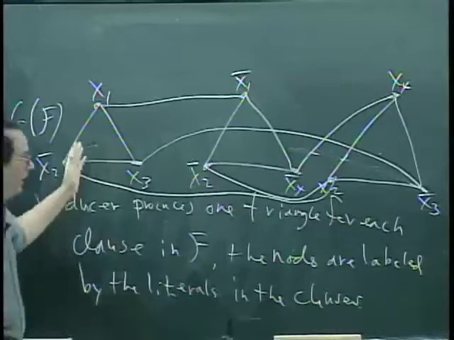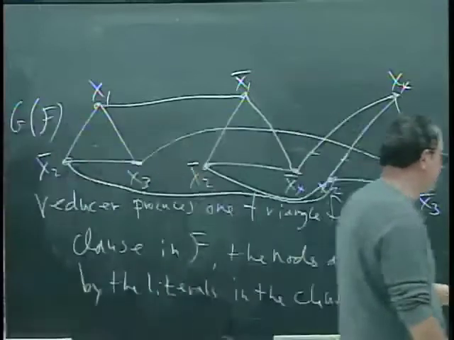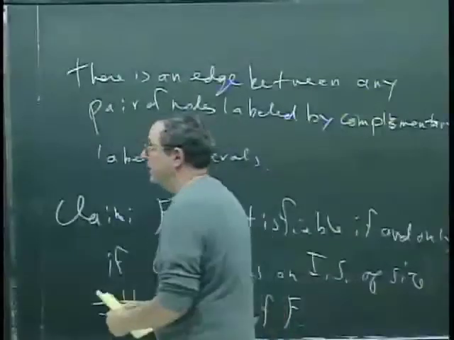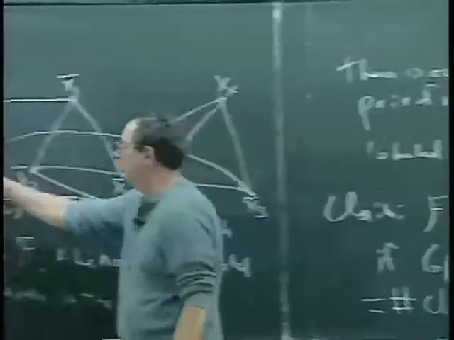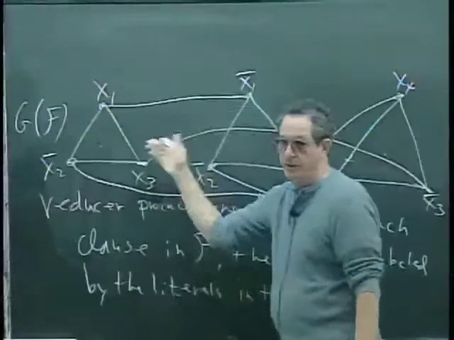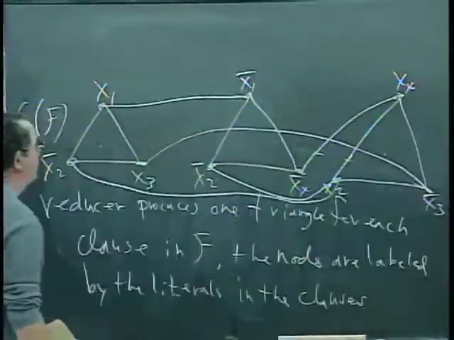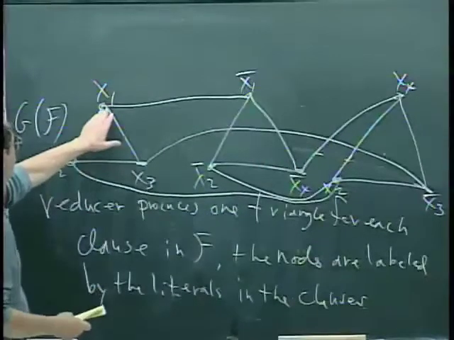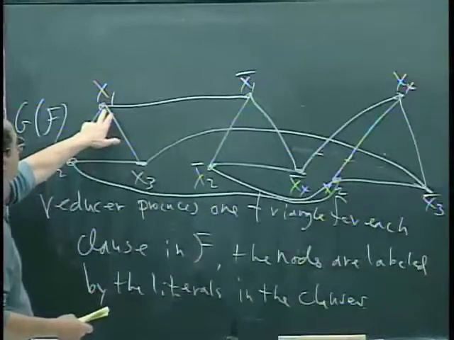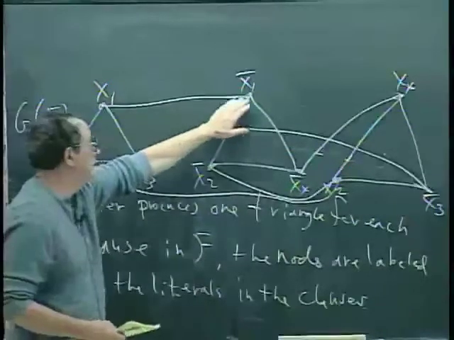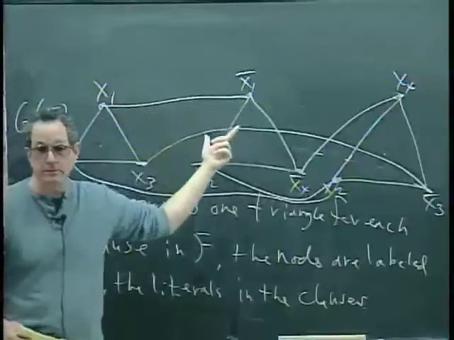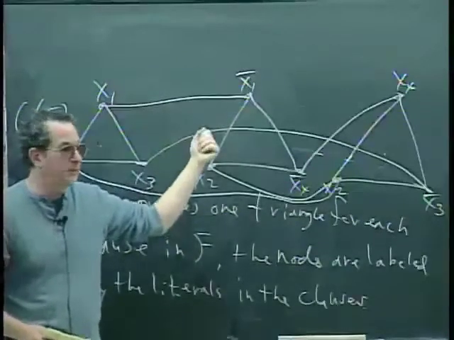So if we have an independent set that's equal in size to the number of clauses, that means that we have exactly one node from each triangle selected for the independent set. And we also know that you cannot have two nodes selected that are labeled by complementary literals because they're connected by an edge. Okay?